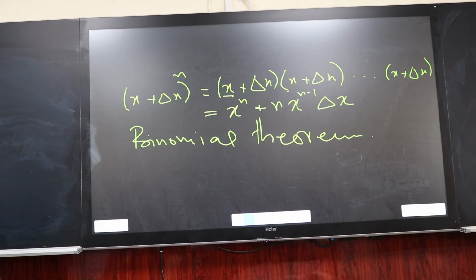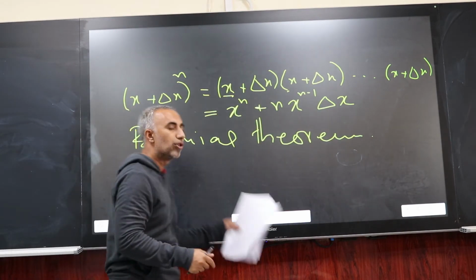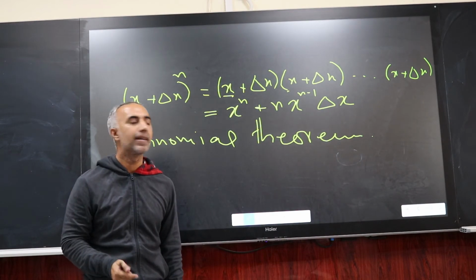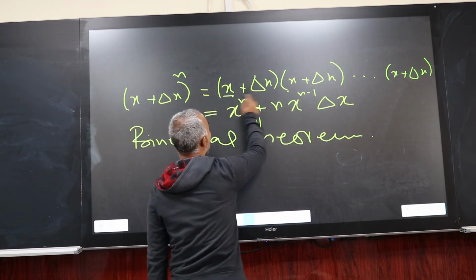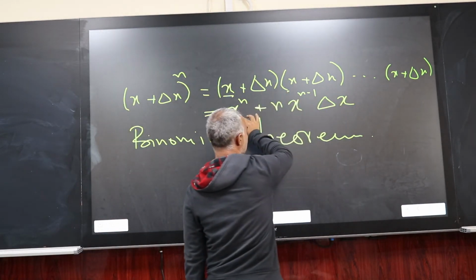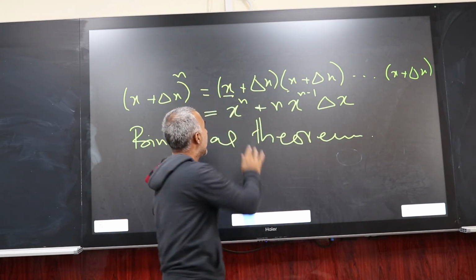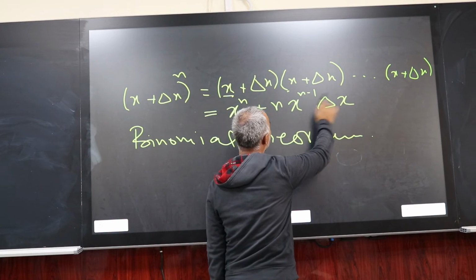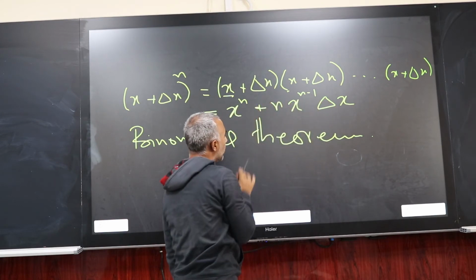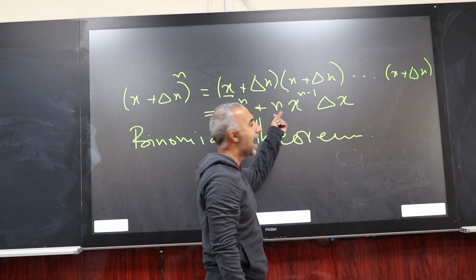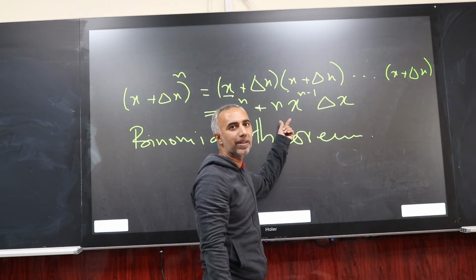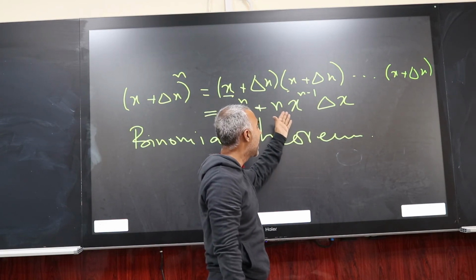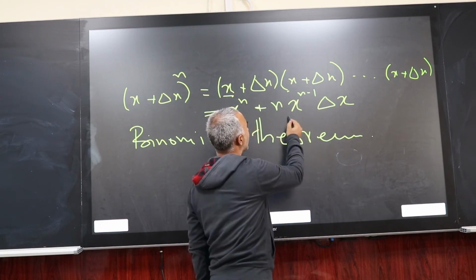Are you getting my point? Here, if you multiply this x with delta x, of course there will be n factors, so n times you will get this one.